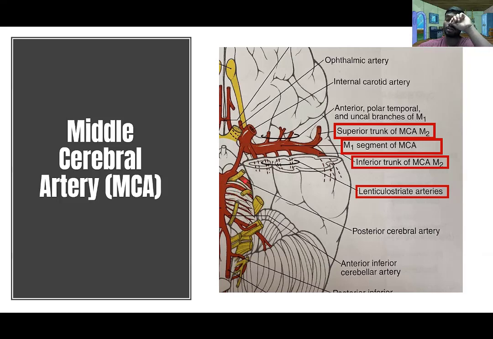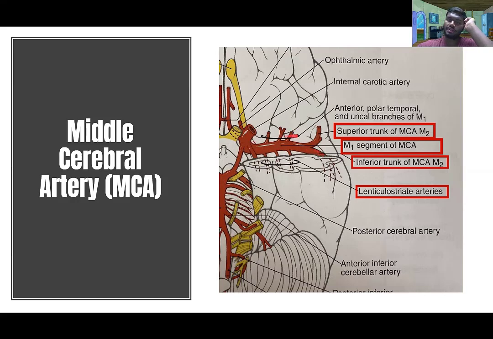However, in a lot of these arteries, we need more abbreviations, because we need a way to differentiate what part of the MCA is damaged. If this is damaged, it'll have different symptoms. If this is damaged, it'll have its own separate set of symptoms. So we need more specificity.